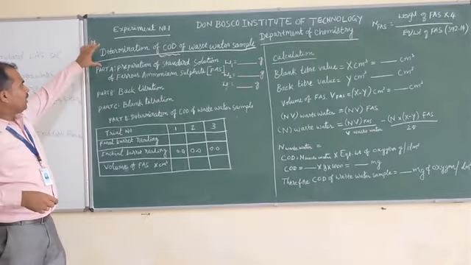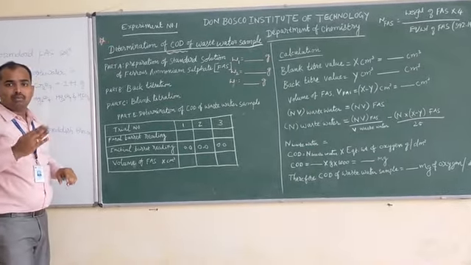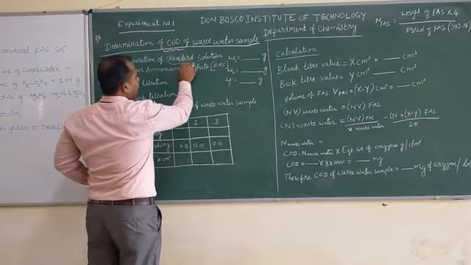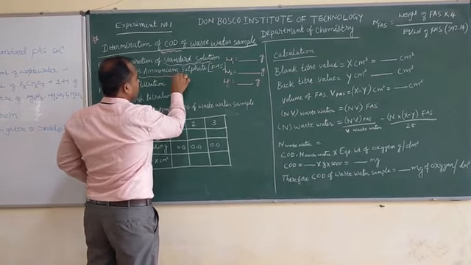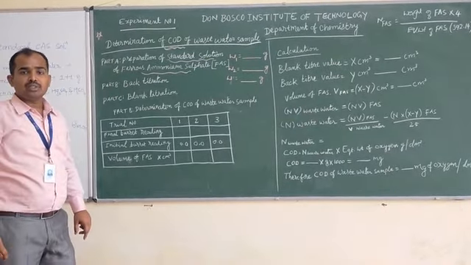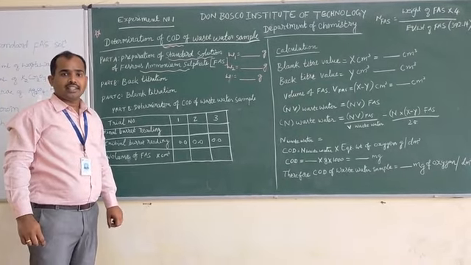So here this experiment involves three important steps. The first one is the preparation of standard ferrous ammonium sulfate solution. Right. Here the ferrous ammonium sulfate solution is used as a reducing agent.